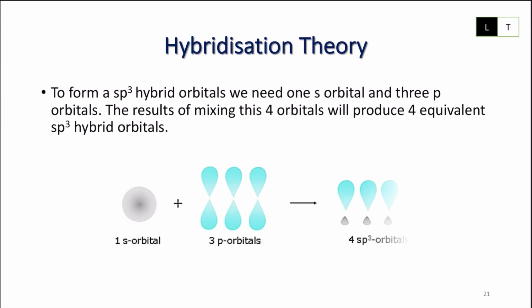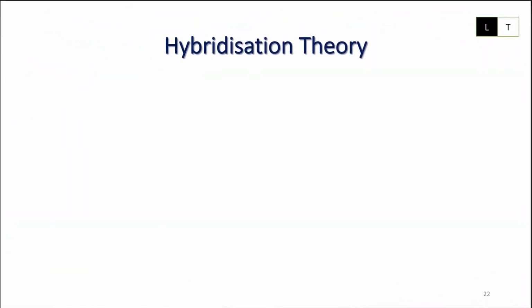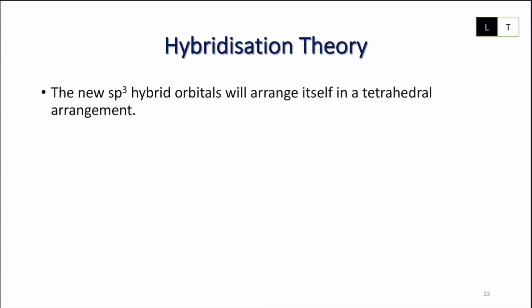Contoh macam kita illustrate by using this picture. You can see 1s dengan 3 p orbital, dia akan hasilkan 4 sp3 orbitals yang sudah mix together between these two. Dan awak boleh nampak lah dia besar dekat atas, kecil dekat bawah. Dan energi dia equivalent.